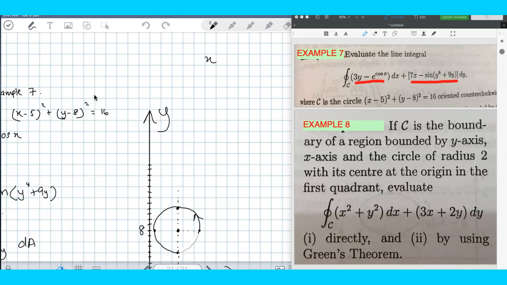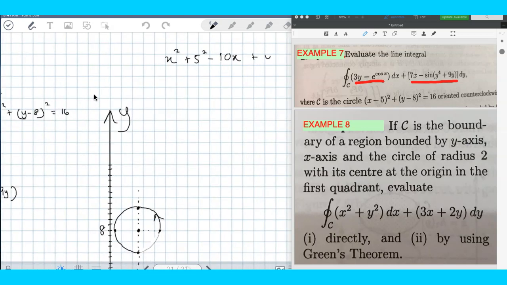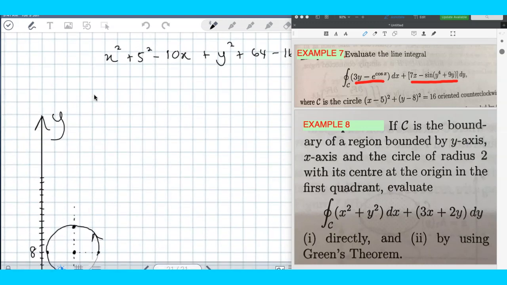So we have x squared plus 5 squared minus 10x, and then plus y squared plus 64 minus 16y equals 16.